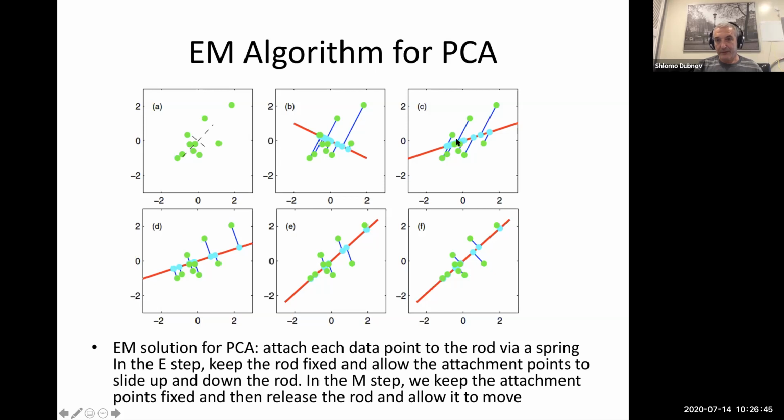If you think of these little rings that can slide, every time the rings move, this is your expectation step, and maximization is when the rod moves. I think that's actually described here. In the E step, keep the rod fixed and allow the attachment points to slide up and down. And in the M step, you rotate the rod.